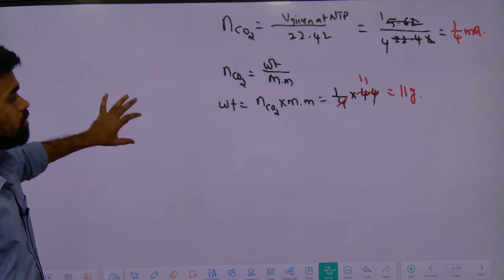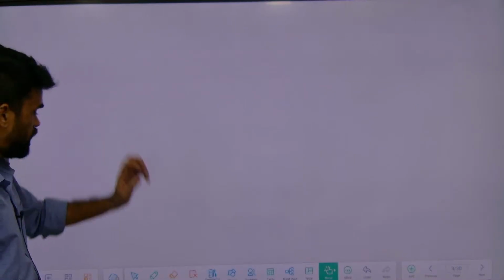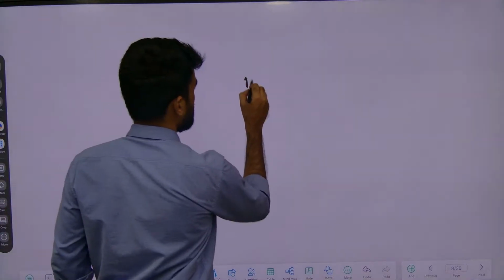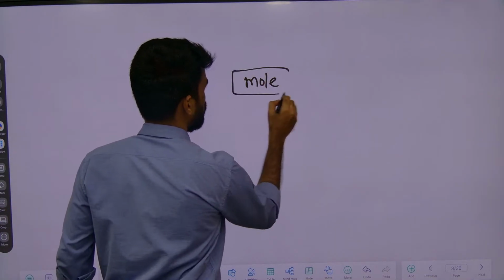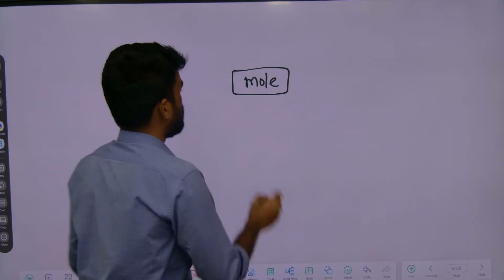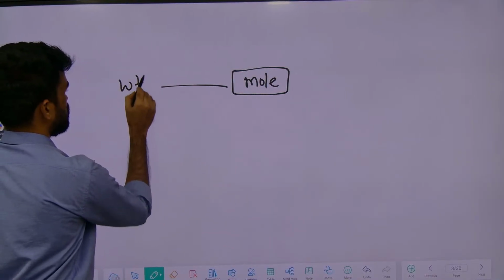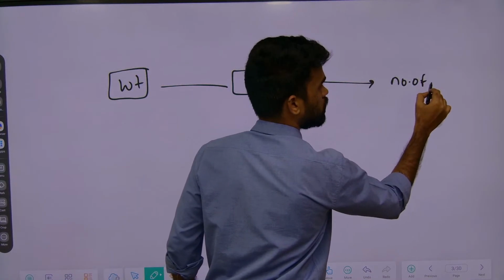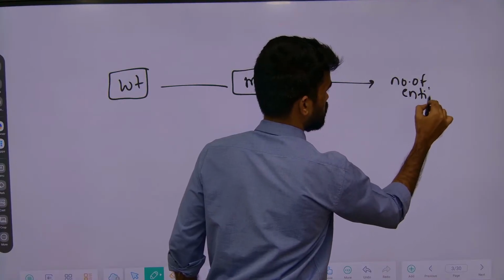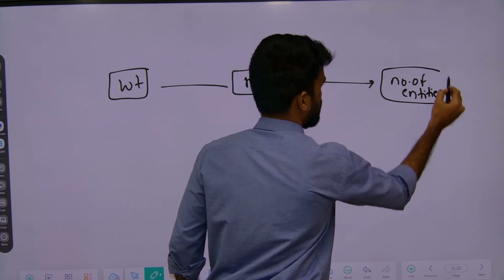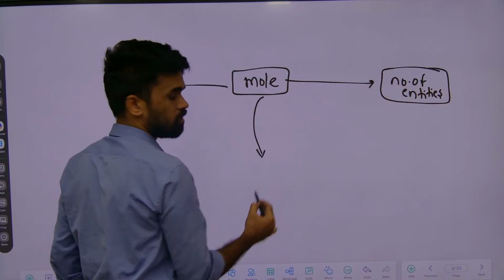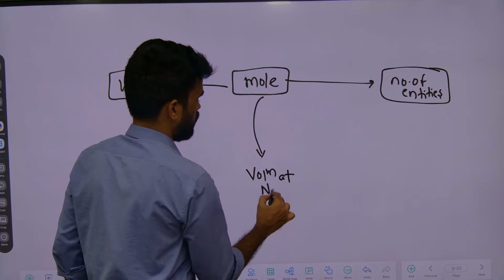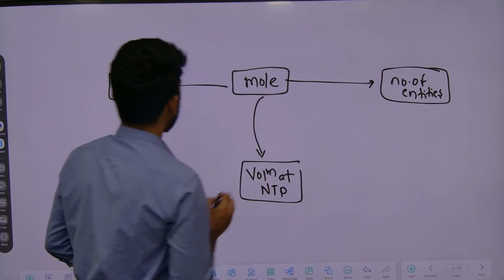Next, finally let's conclude our discussion of this mole concept. First thing is mole. We linked this mole with weight, then also with number of entities using Avogadro number, and then with volume at NTP.